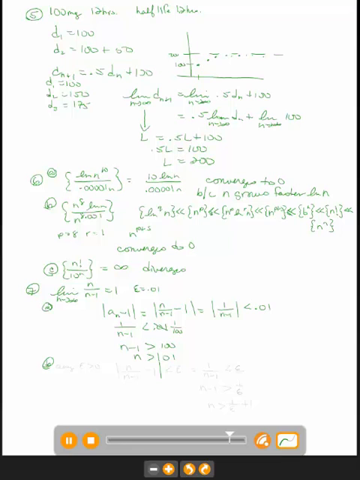Part B, prove that the limit goes to 1. Okay, so now we're trying to find out that they're given any epsilon greater than 0. We've got to find the value of n that guarantees that this will work. So if we start out with n over n minus 1, subtract 1, less than epsilon, which changes into 1 over n minus 1 less than epsilon.